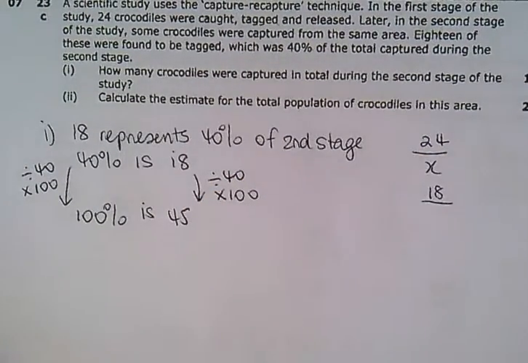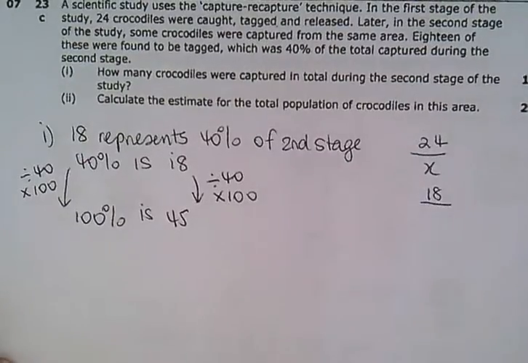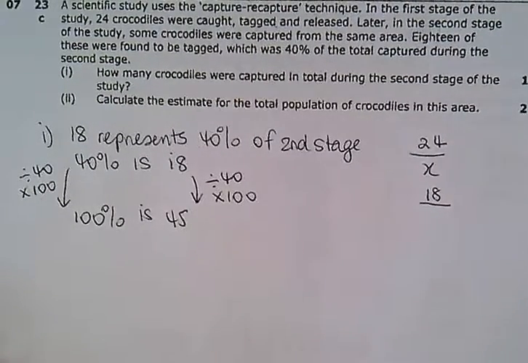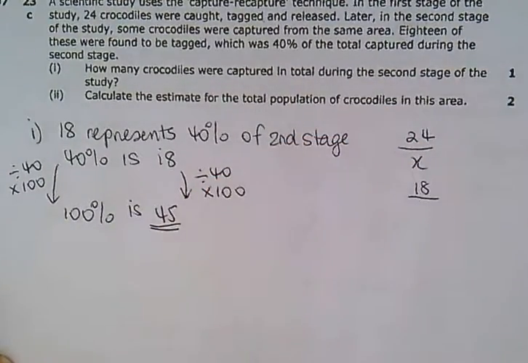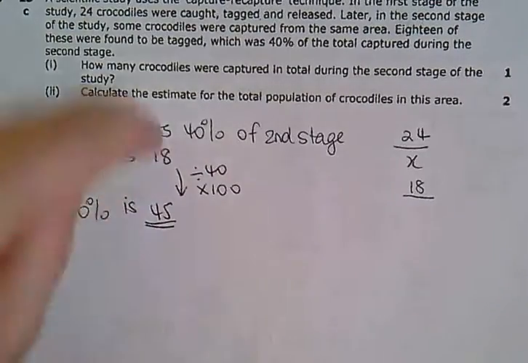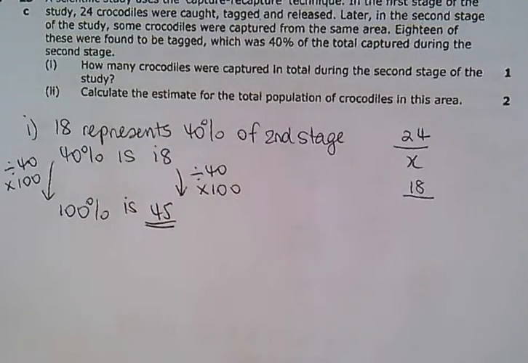Okay. It's 45. So part 1, how many crocodiles were captured in total during the second stage? It's 45. Because those 18 crocodiles represent 40% of the population. So I need to know what 100% or the entire population is in that second capture.